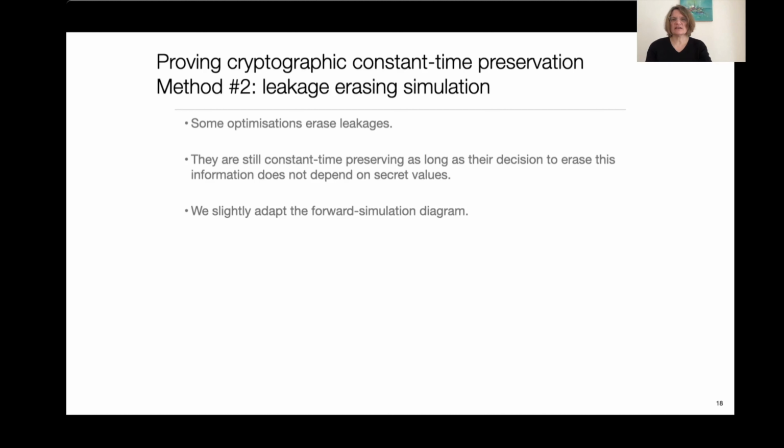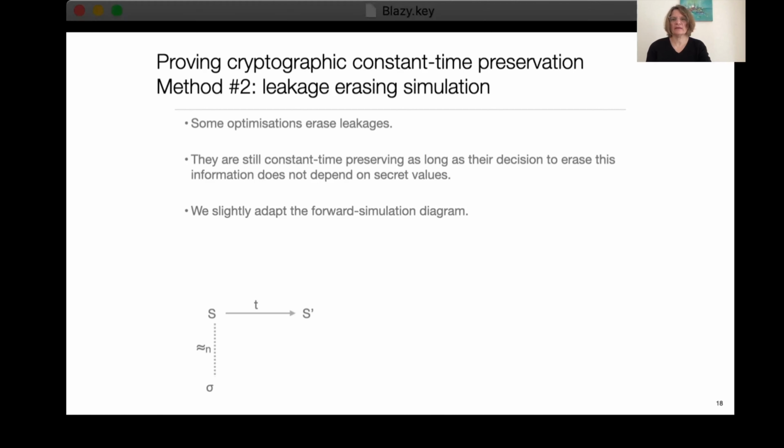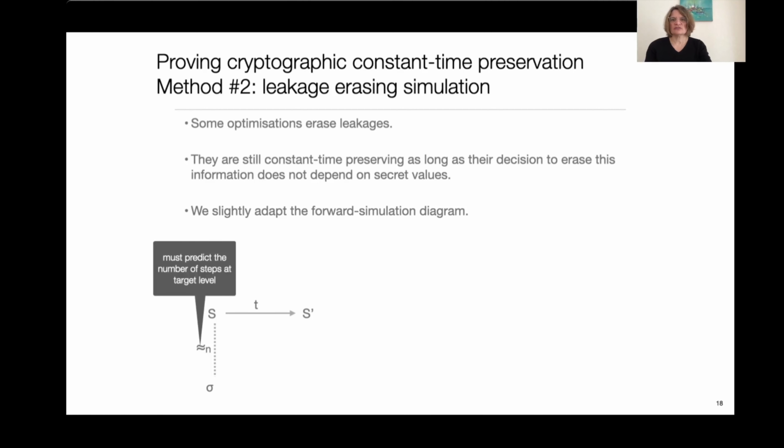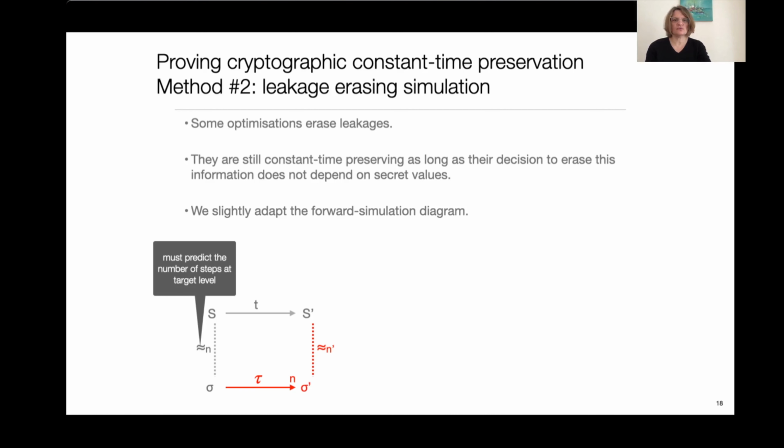So we slightly adapted the simulation diagram in the following way. First, we parameterize the simulation relation with a number that predicts the number of execution steps at the target level. So this means that we need to compute this number and keep it in the simulation relation so that we can reuse it in the proof.